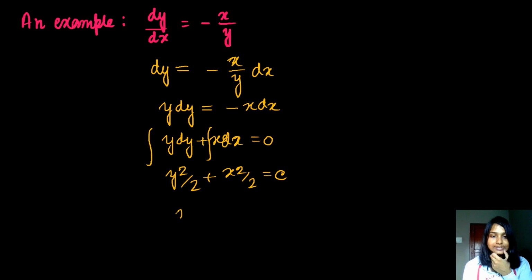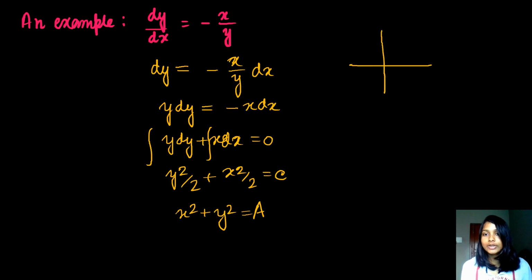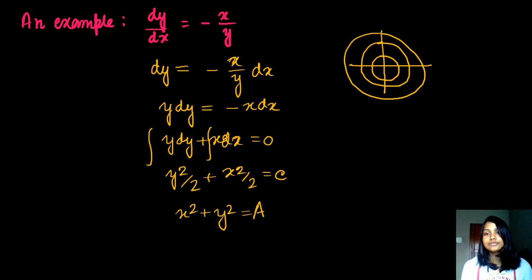So it can be written in this form, x square plus y square equals r square. So this is a one parameter family of curves, and this is obviously the equation of a circle which has the center at (0, 0) and varying radius. So we can plot it like this: the family of concentric circles.